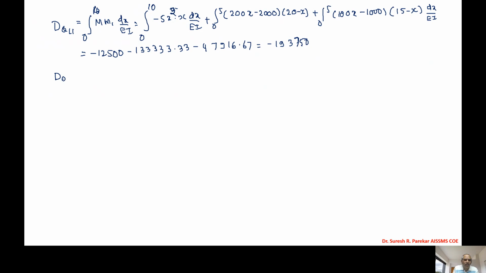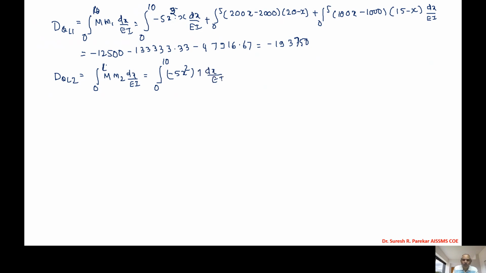Then we have dq12 over here, which will be 0 to 10. Now this will be 0 to L, m into m2 dx upon EI. And then we will get it as 0 to 10, minus 5x square into 1 dx upon EI.